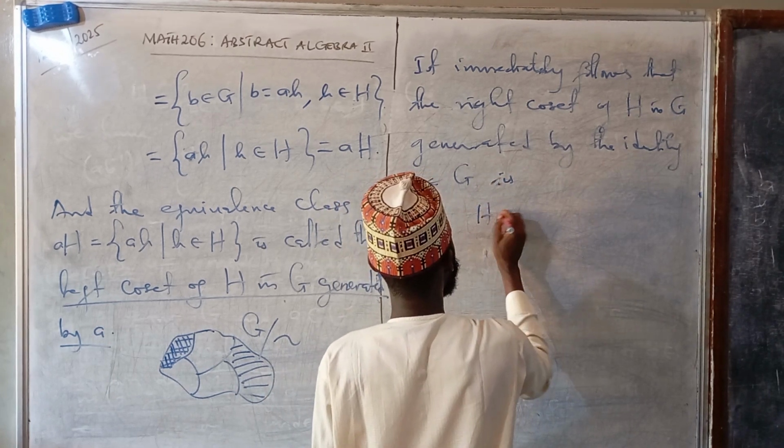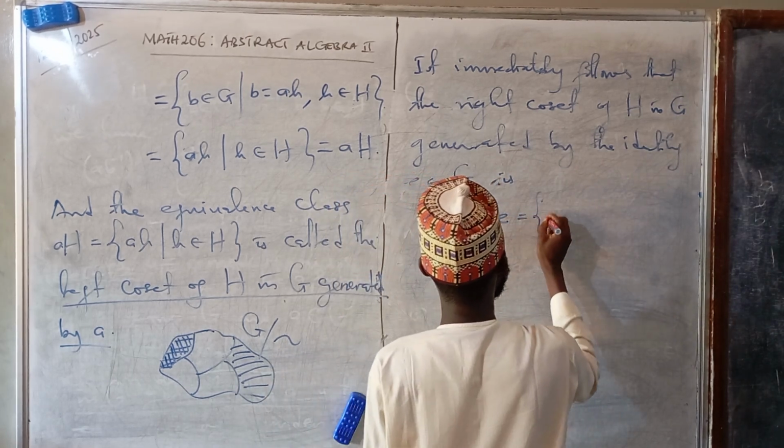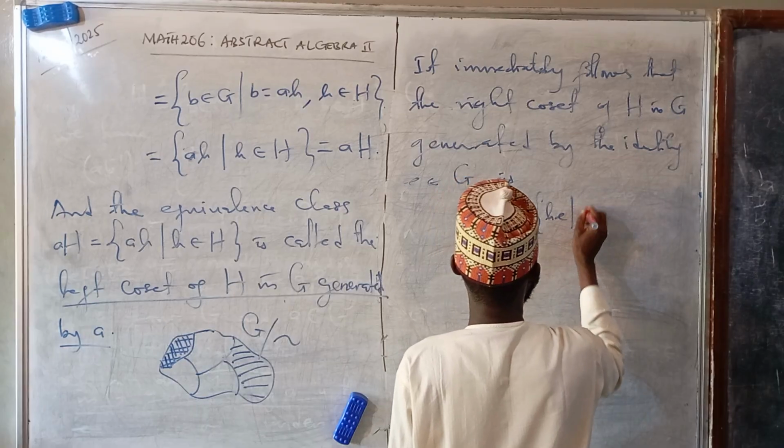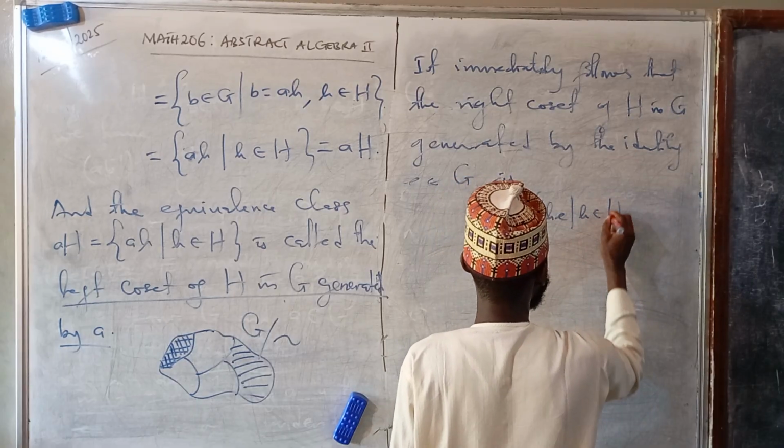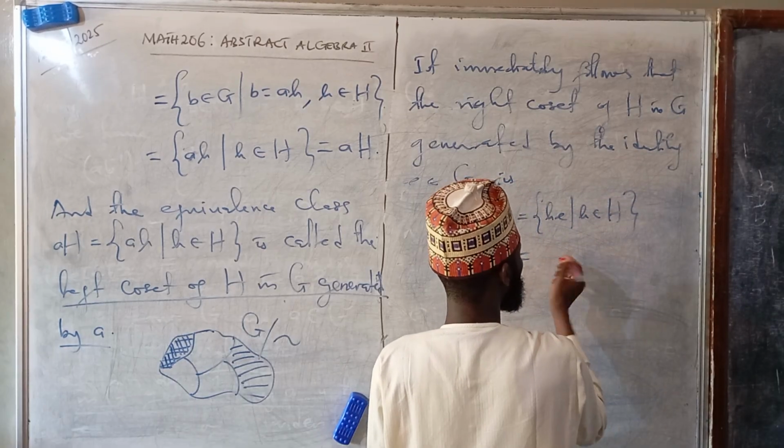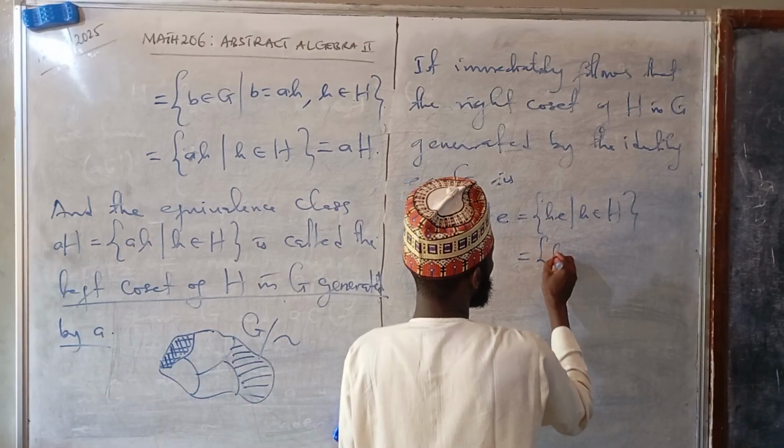It's actually the coset generated by the identity, but you know this one will be he, such that h is in H. But he is always h.